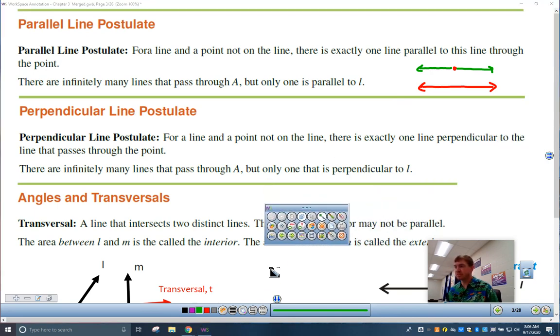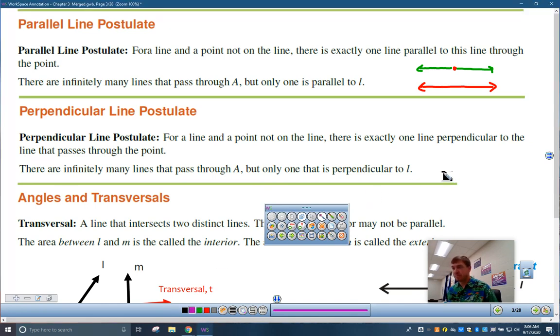Perpendicular has a very similar relationship. For a line and a point not on that line, there's exactly one line that's perpendicular to the first line and passing through that point.